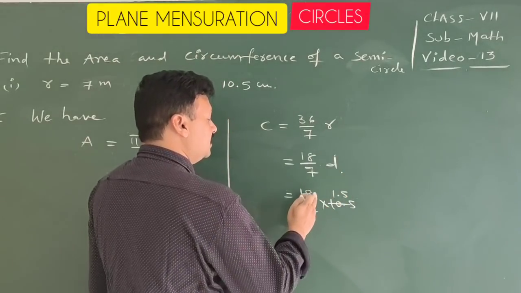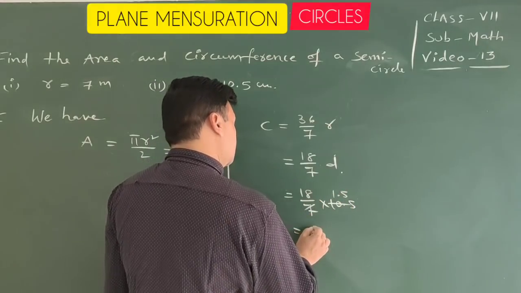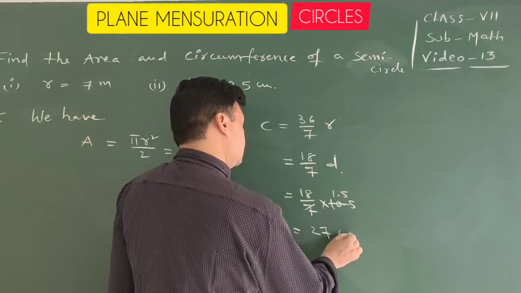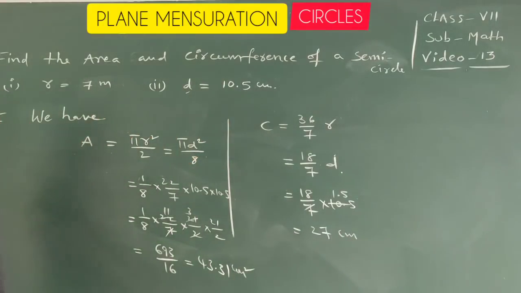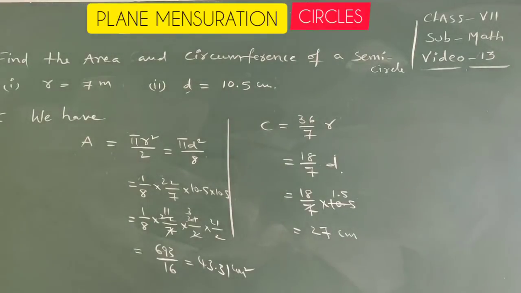Here 18 into 1.5. 9 into 3, 27 centimeters. 1.5 means 3 by 2. Here 9 times. 9 3s are 27. 27 centimeters is the circumference of the given semicircle when D equals 10.5 centimeters.